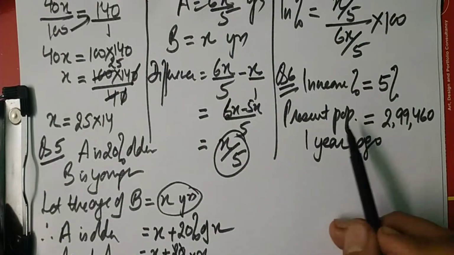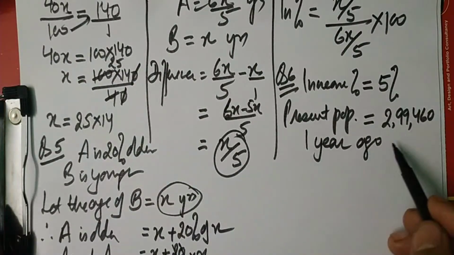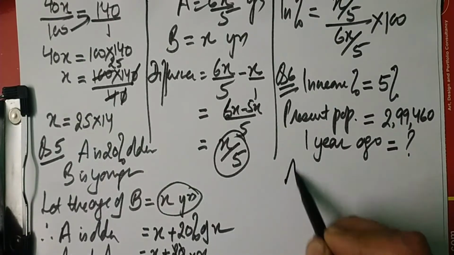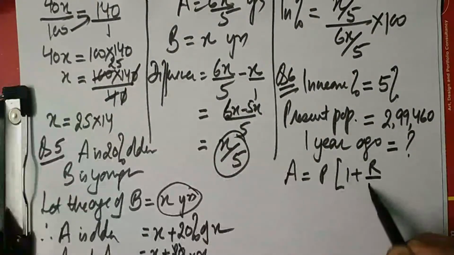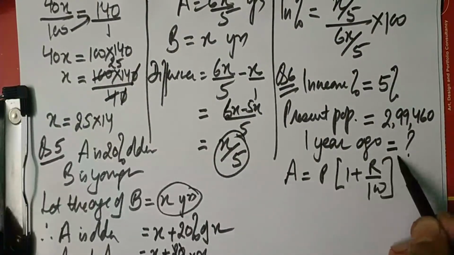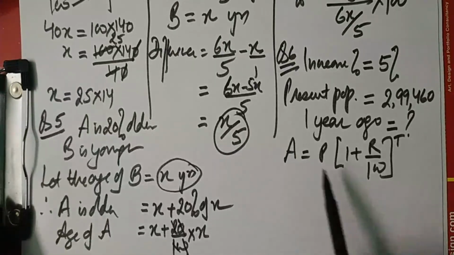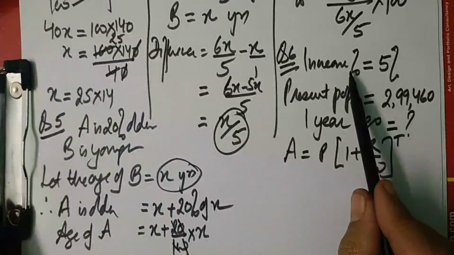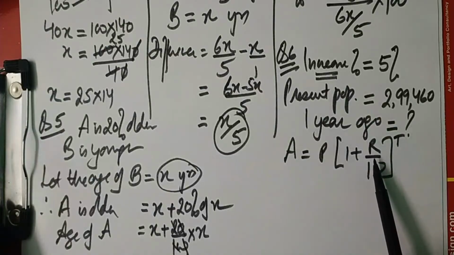If the present population is this, population 1 year ago will be how much? Now the formula is A is equal to P into 1 plus R upon 100 to the power T. This same formula for population will become, every year the population is increasing, so increasing means 1 plus R upon 100.